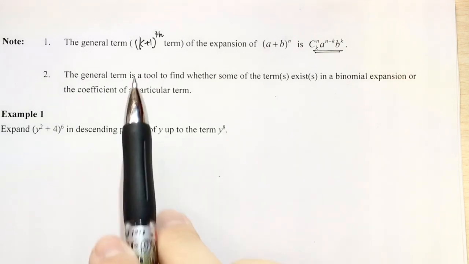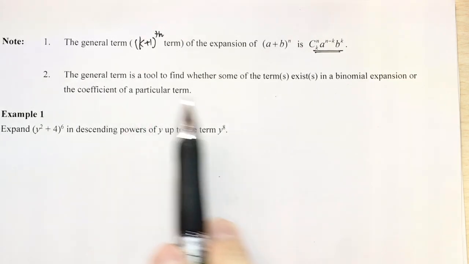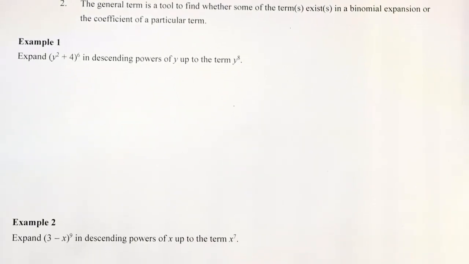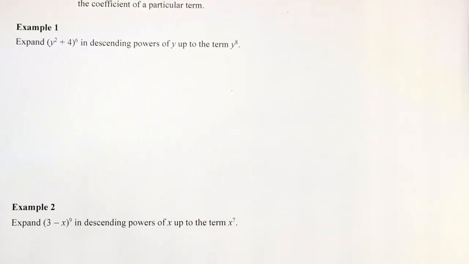This term is actually a tool to find some particular term in the expansion, and I'm going to show you some of the uses of this general term. But before that, let's look at a few examples of using the binomial theorem to do the expansion.